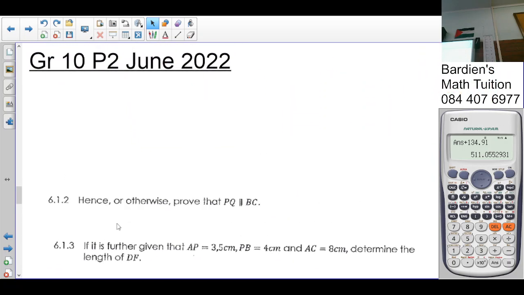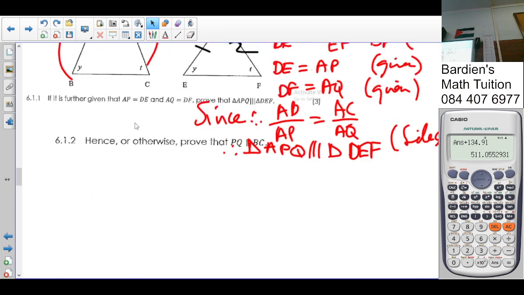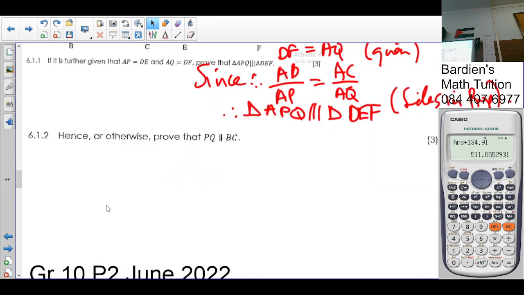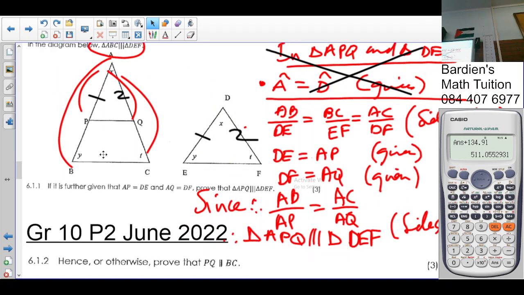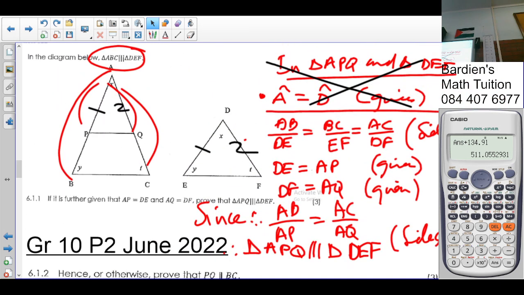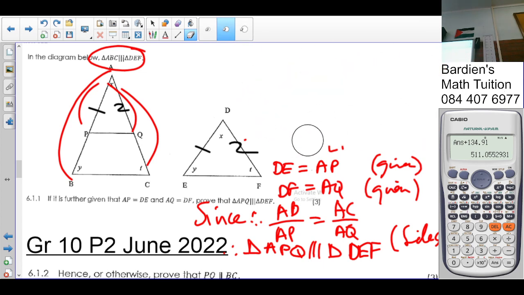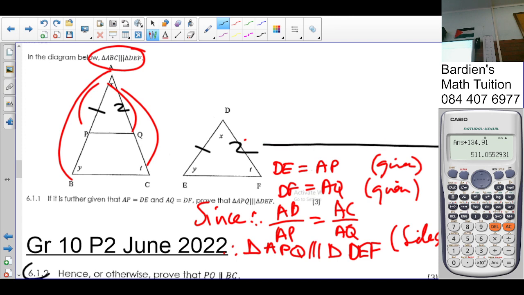6.1.2. Okay, they have another question here. The question says, hence or otherwise prove that PQ is parallel to BC. Now remember we proved that these triangles are similar.